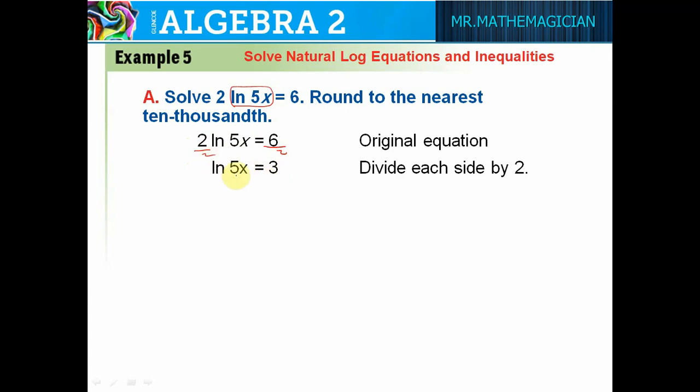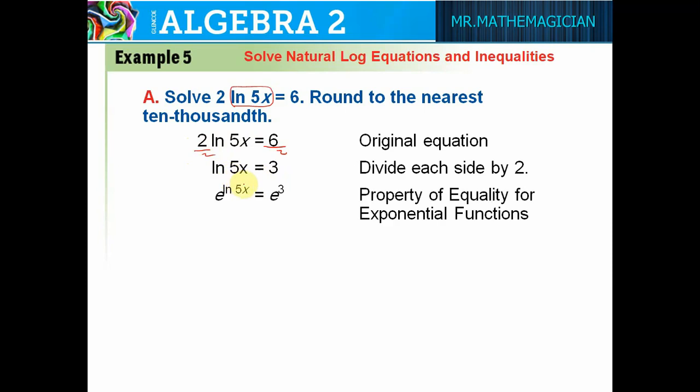Now since we succeeded to get the ln alone, we can transform now into exponential. So let's take base e for both, so e to the ln 5x equals e to the 3. Now e and ln will vanish each other, so 5x equals e to the power of 3.